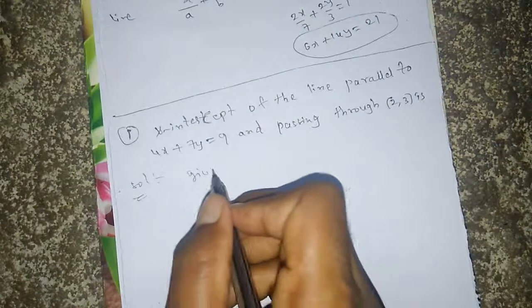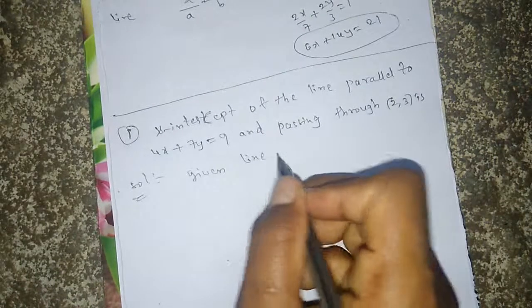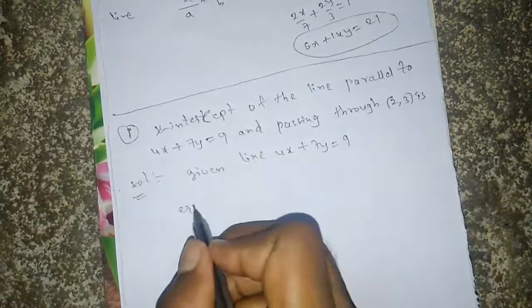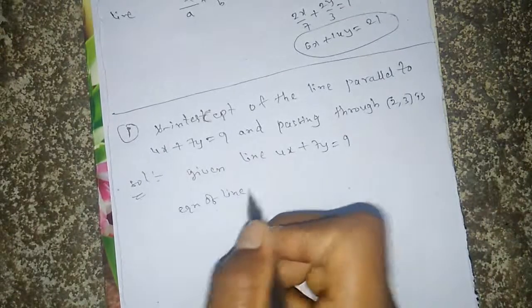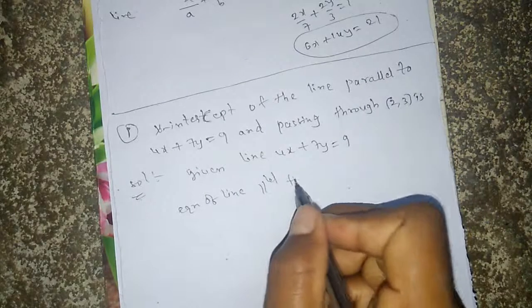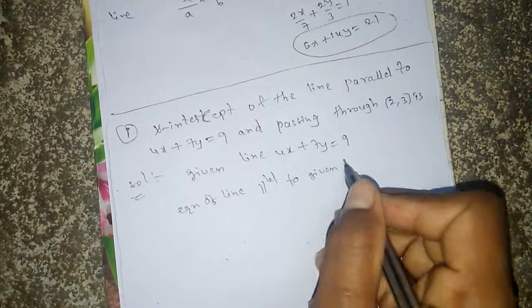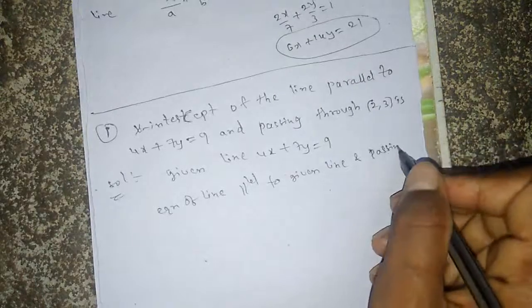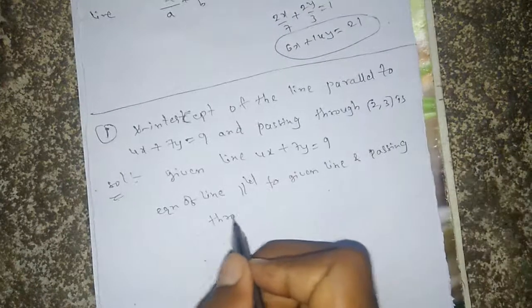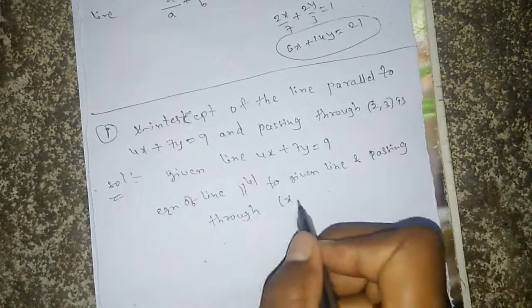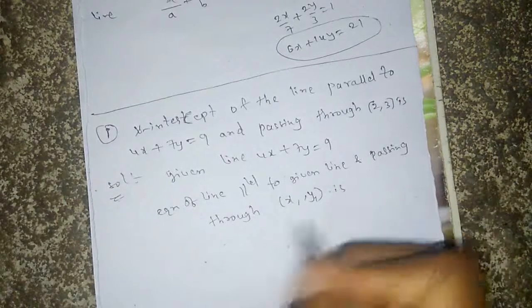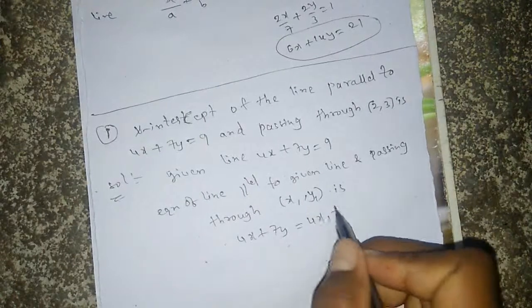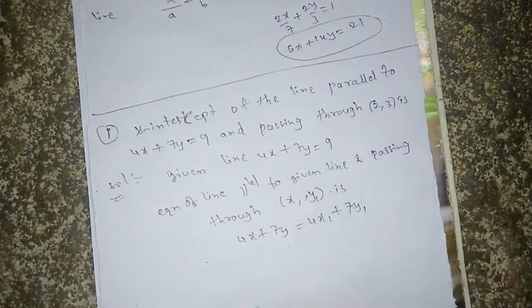Given line: the equation of a line parallel to the given line and passing through (x1, y1) is 4x + 7y = 4x1 + 7y1.